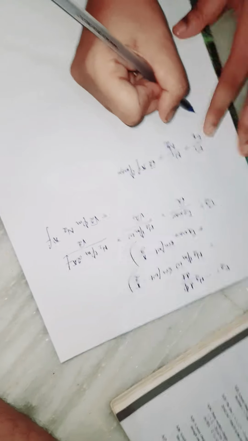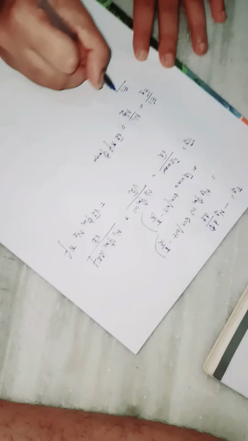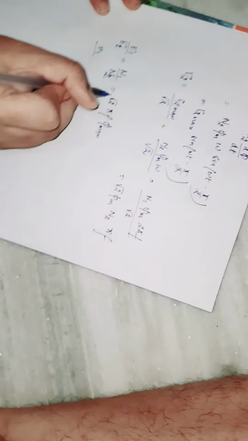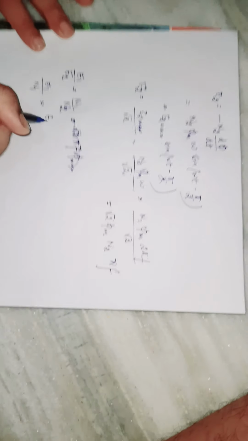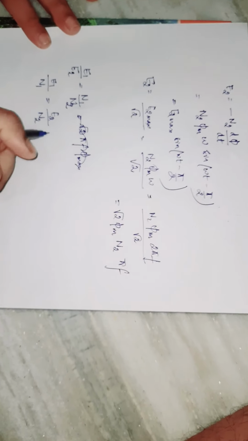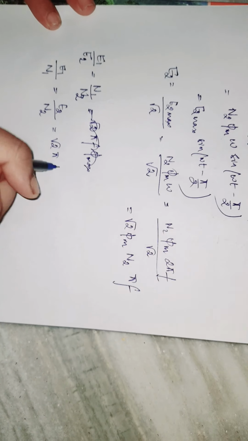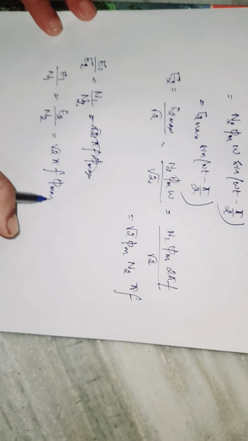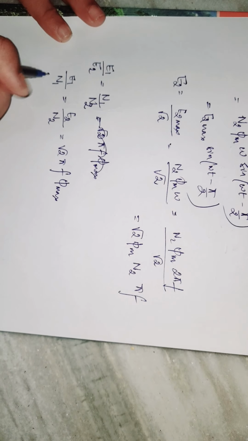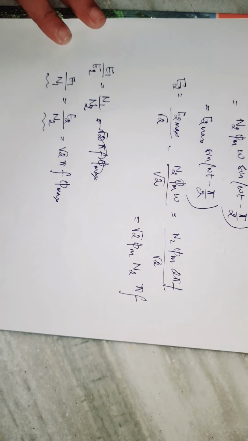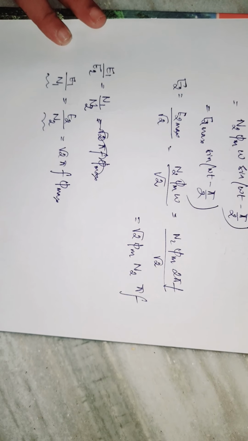Or we can say E1 by N1 is equal to E2 by N2, which is equal to root 2 pi f phi m max. So the EMF per turn in primary is equal to the EMF per turn in secondary.